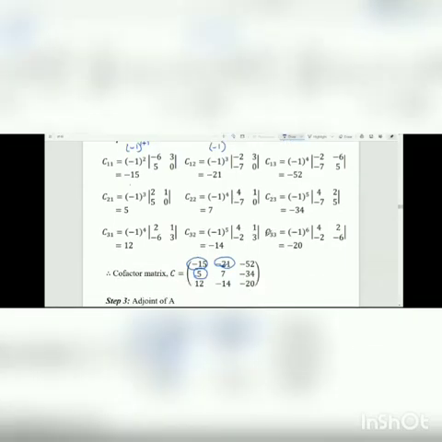Then we will continue for C13, and we will calculate the cofactor for the rest of the elements in the matrix. The first element in our cofactor matrix is the first cofactor we calculated, and the second one, negative 21, is the second, and so on.